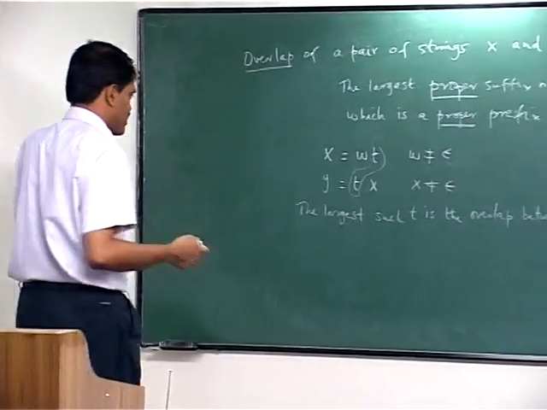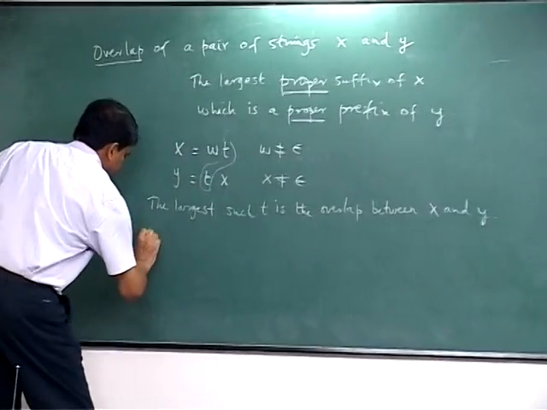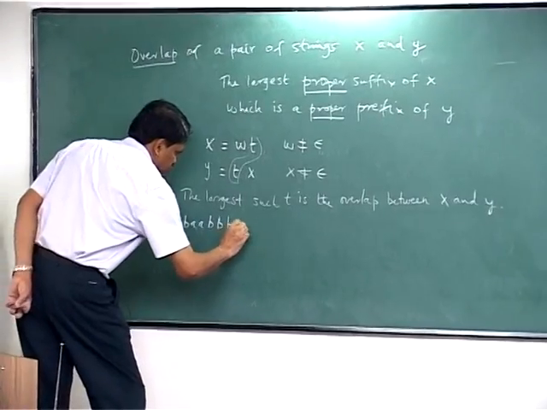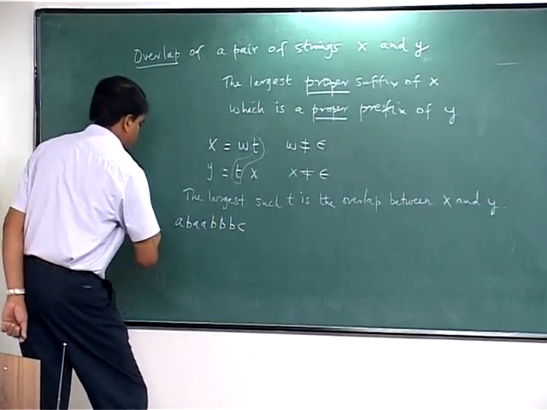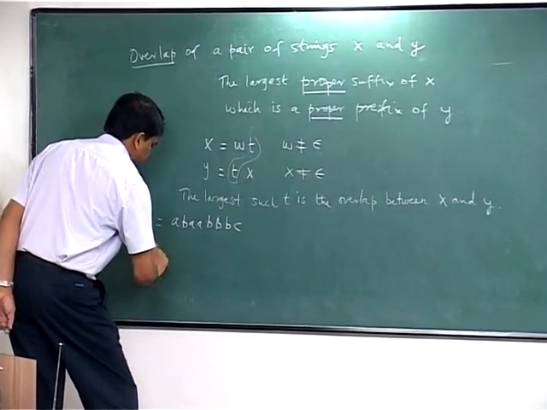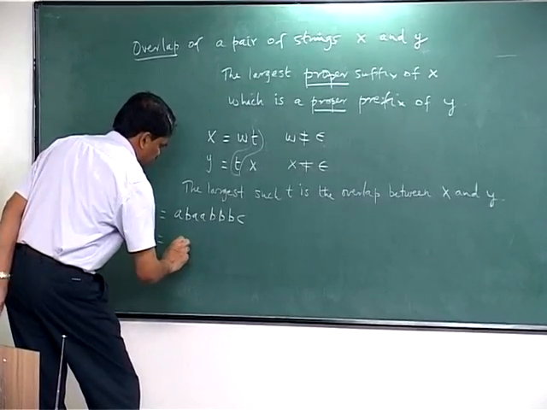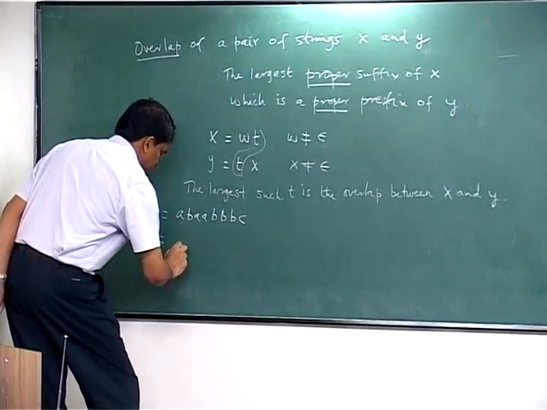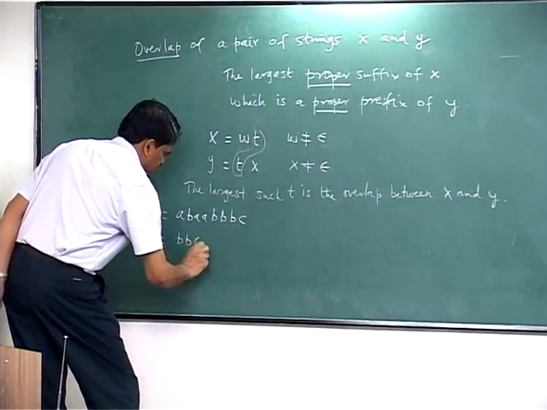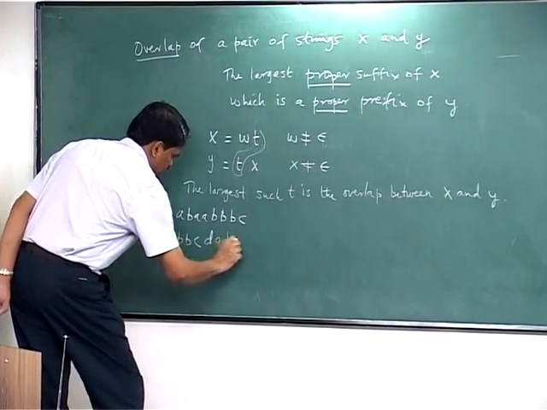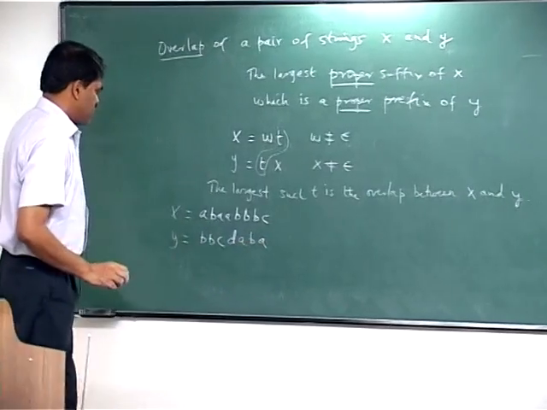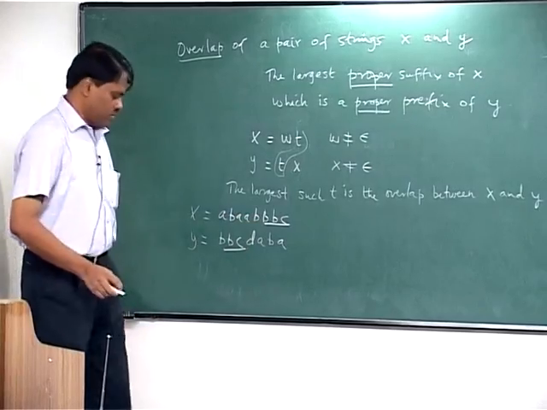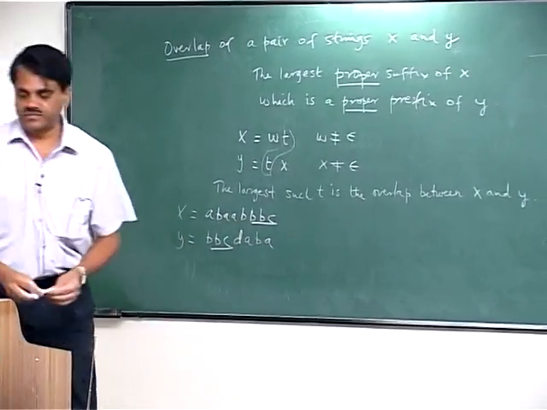Okay, so let's see some examples. If this is my x, then in this case BBC would be the overlap between x and y.